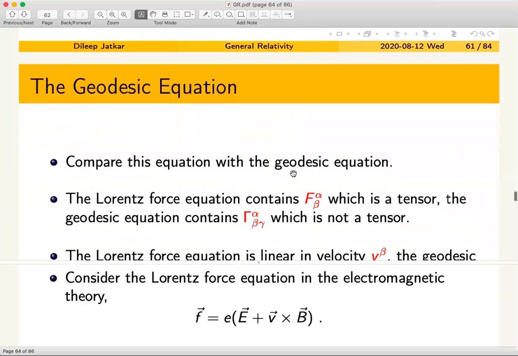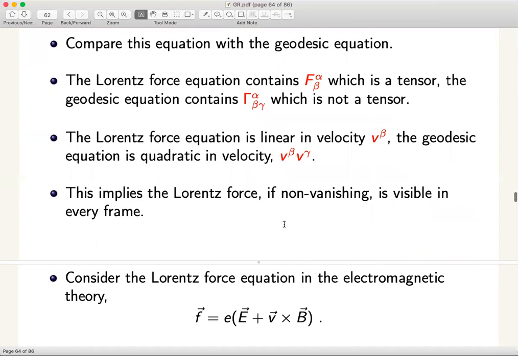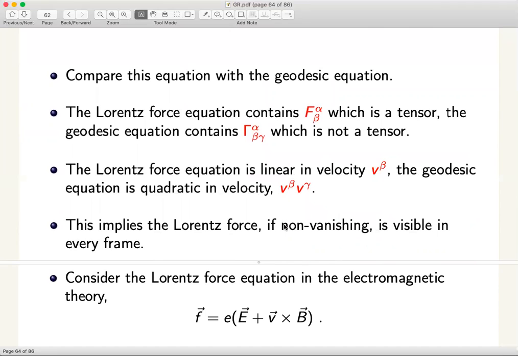In that sense, the Lorentz force contains quantities which are tensors, whereas the geodesic equation contains quantities which are non-tensors, like gamma. There's another piece which is just a sheer observation: the Lorentz force is linear in velocity, whereas the geodesic equation is quadratic in velocity.